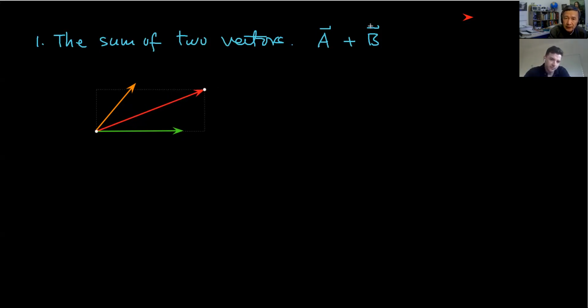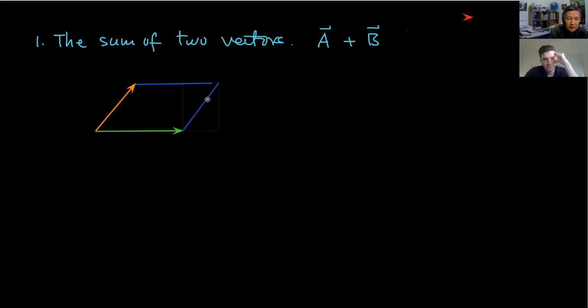In this case, we use what we call the parallelogram. First, we draw two parallel lines. Just a review, I think you have learned it before, right? First we draw a line parallel to one vector, and then another line parallel to the other vector.